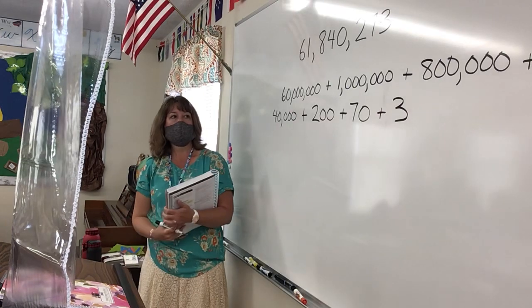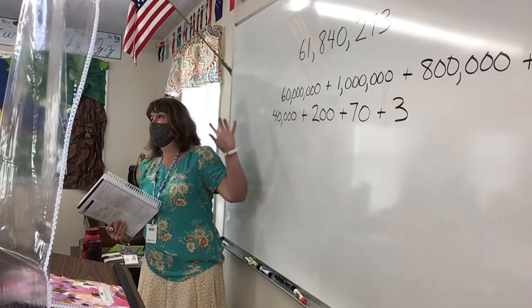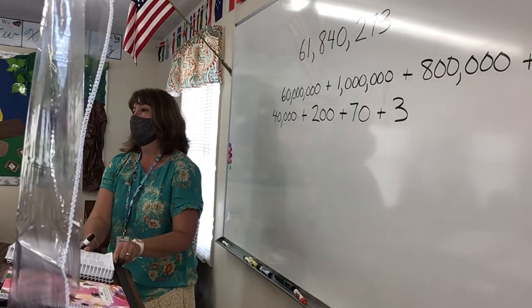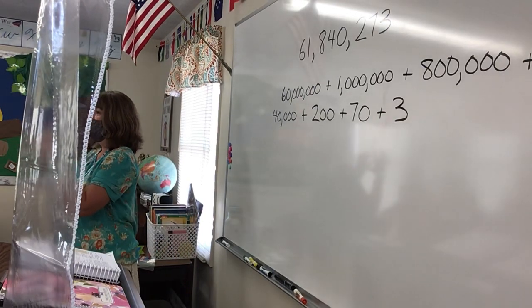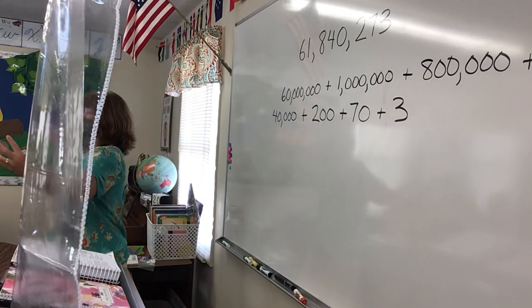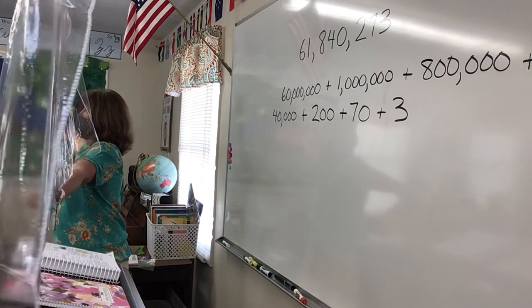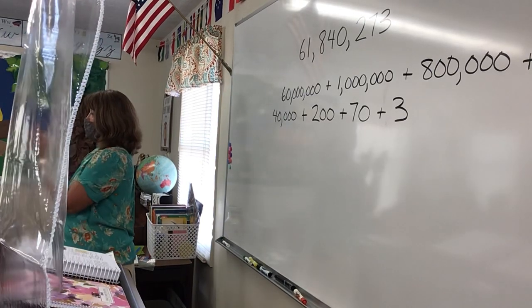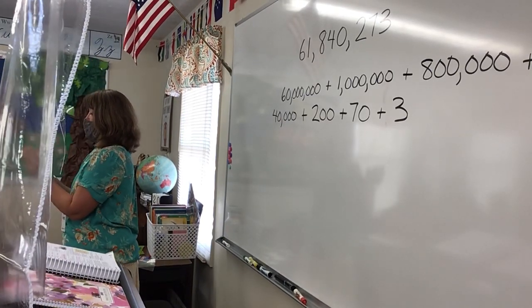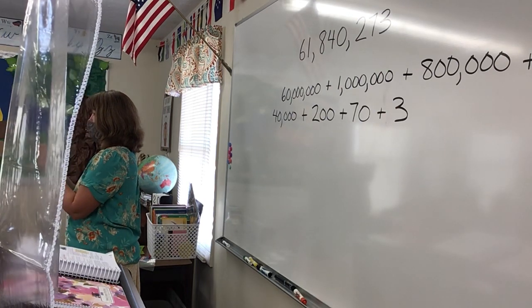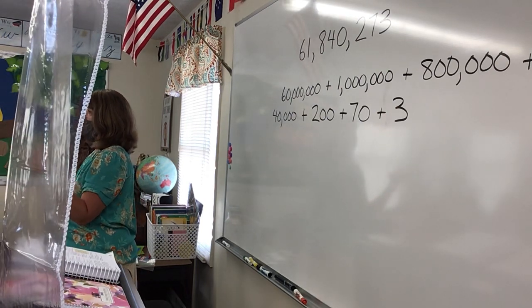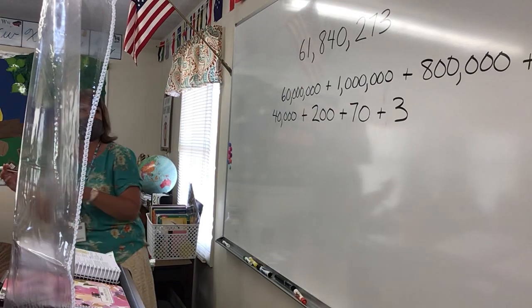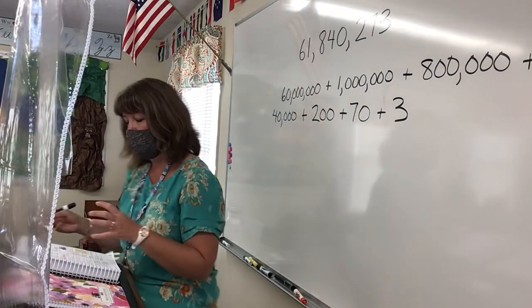Okay, so that's how you write it in expanded form. You're taking the standard form and just stretching it out. It's very interesting because you can take a number this big, and even though it looks small, when you write out the value of it, it's actually quite large. So that's kind of a neat thing.